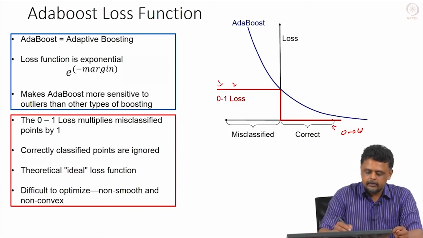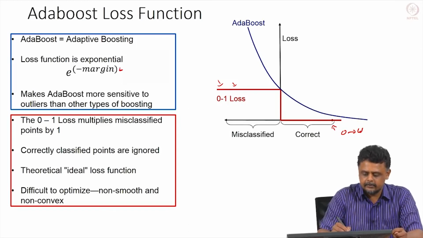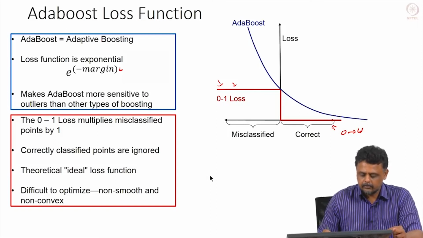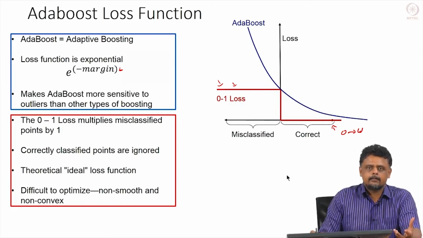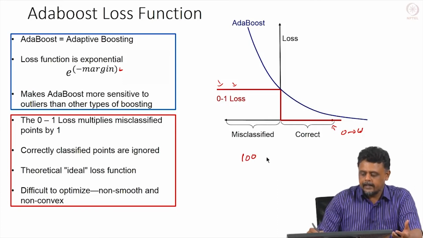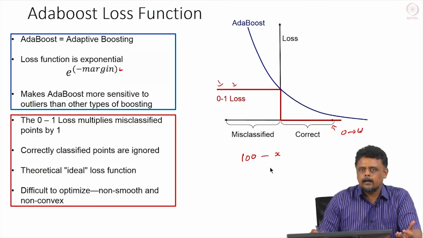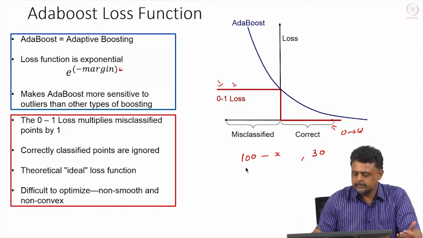The exponential loss function, as we saw, is e raised to minus margin, and this makes AdaBoost more sensitive to outliers than other types of boosting. The theoretical loss function, even though it is very intuitive, we can see here. Ideally, we take a data set, let us say 100 data points. Let us say 30 of them are classified correctly and 70 of them are misclassified.